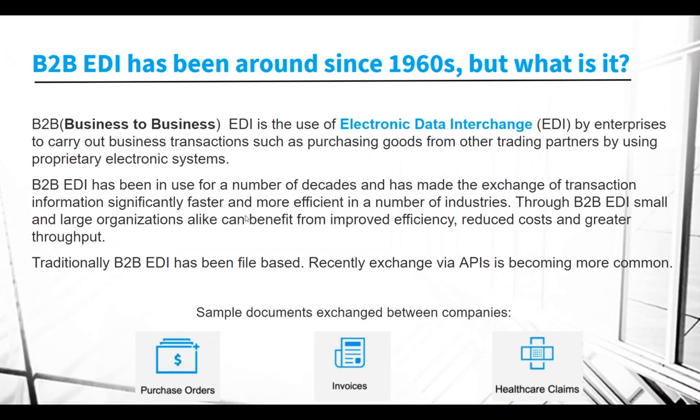So traditionally, B2B EDI has been file based. One partner will send the EDI file, then the other partner will send a response. Traditionally it has been file based, but recently exchange through APIs has become very common and very popular.